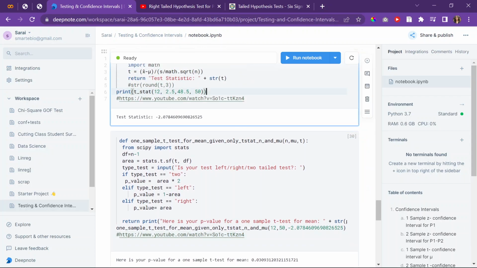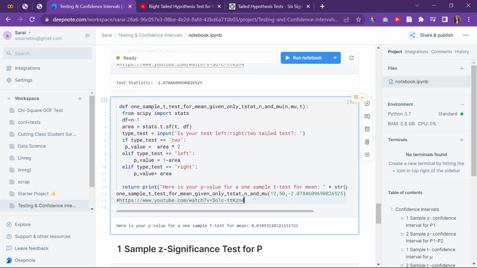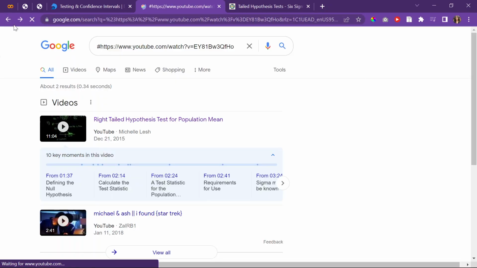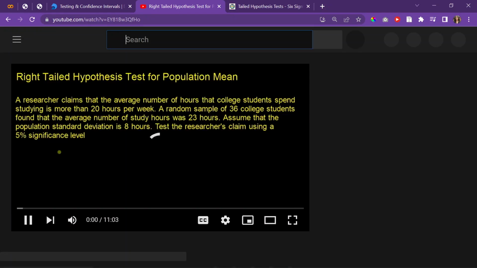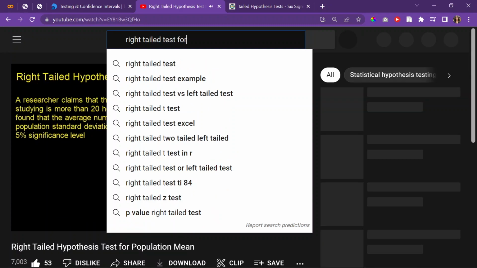This one's definitely fine as well. But then I don't know if the p-value is right because the other guy didn't do the p-value. So how am I supposed to know? You know what? Let me just go back and do the right-tailed test for mean.